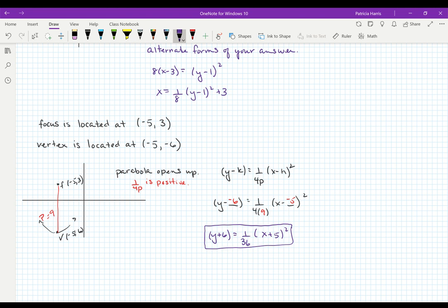All right. The next one that we're going to do is probably the one that folks find the most complicated, when I don't give you the vertex. I'll give you the focus and I'll give you the directrix.